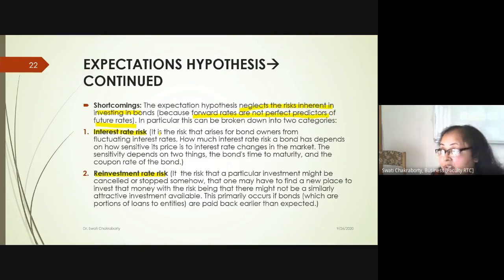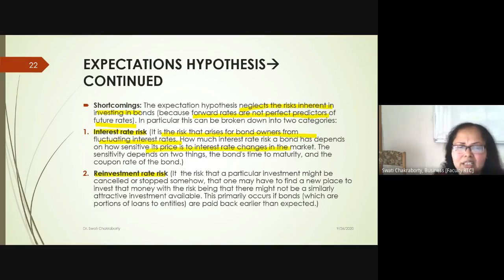First is interest rate risk, which is the risk that arises for any bond owner due to fluctuating interest rates. How much interest rate risk a bond has depends on to what extent the bond is price sensitive, how sensitive its price is to changes in the interest rates in the market.